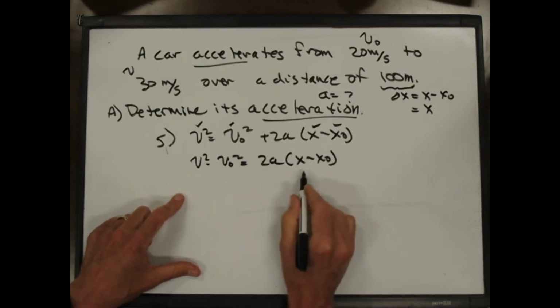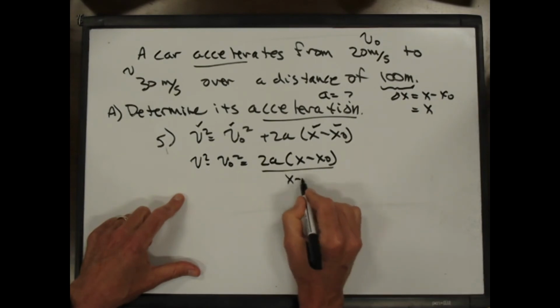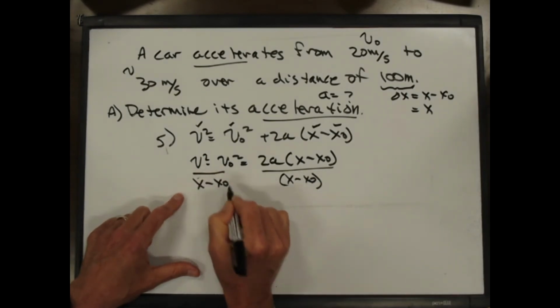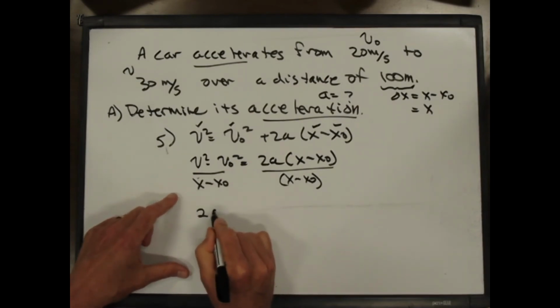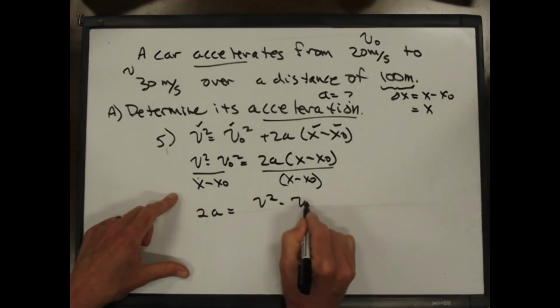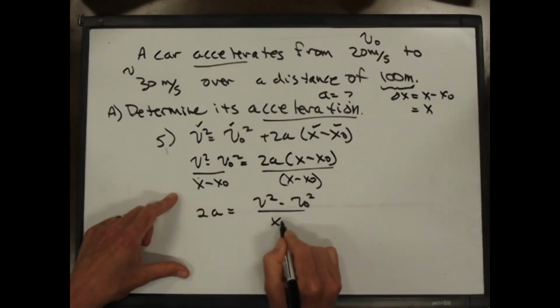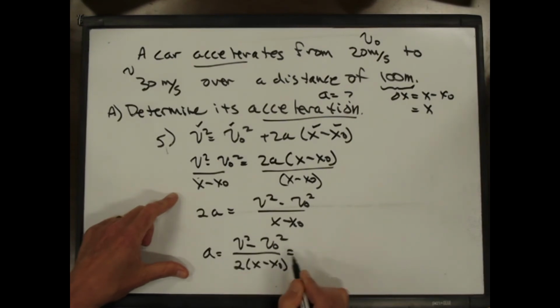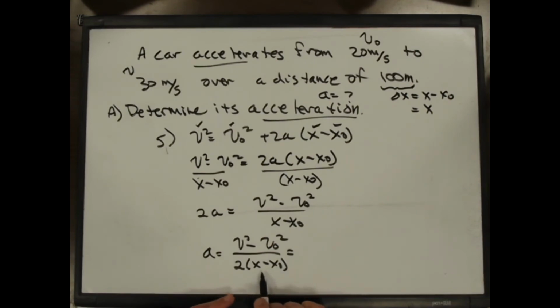I can divide both sides by x minus x naught, and I'll switch sides, and I get 2a is equal to v squared minus v naught squared over x minus x naught, or I get a is equal to v squared minus v naught squared over 2 times x minus x naught.